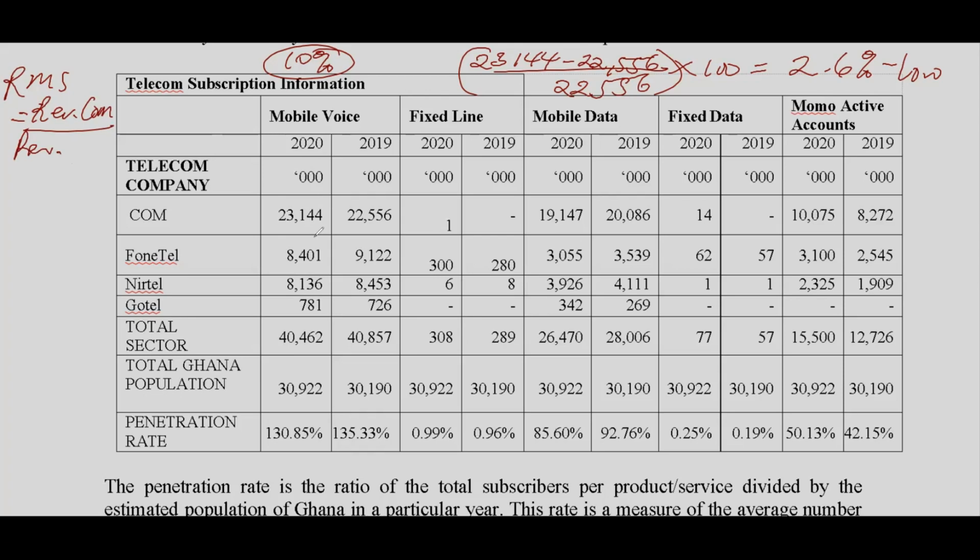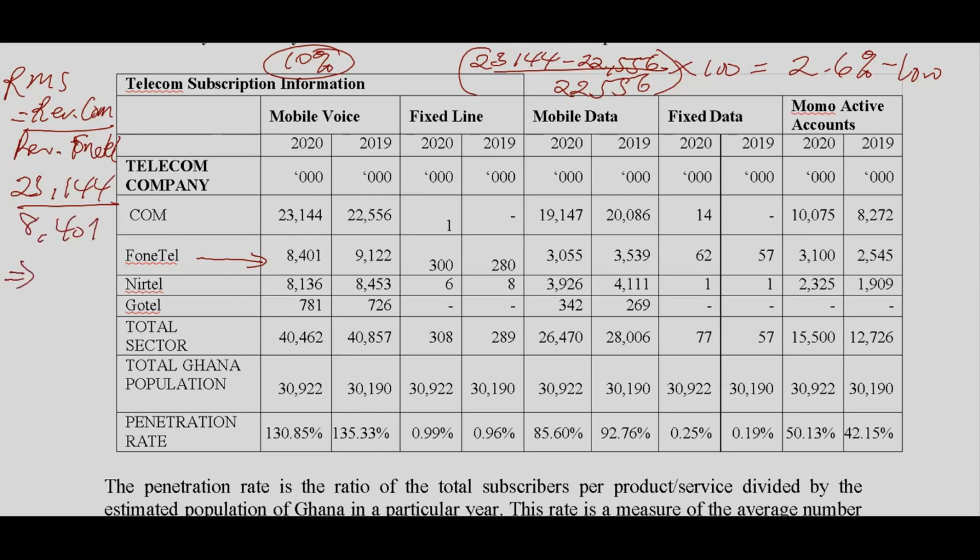I think it was PhoneTel, right? So that means the revenue of com over the revenue of PhoneTel, because PhoneTel was the largest. So in that case, this would be 23,144, which is the current year, over that of PhoneTel, which was 8,401, right?